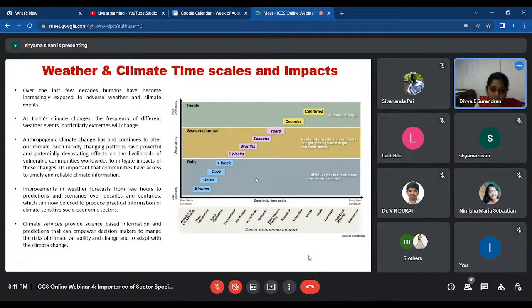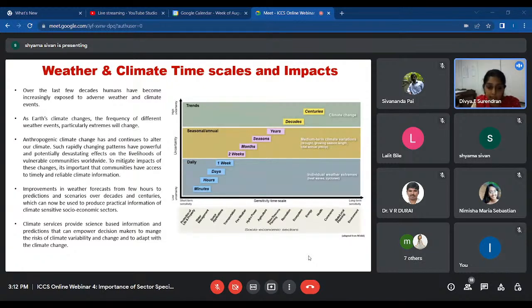Next. All of us know that the global temperature is increasing. We are facing different types of extreme events. We see the time scale and the impact.